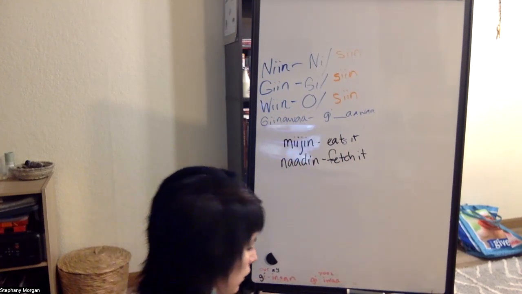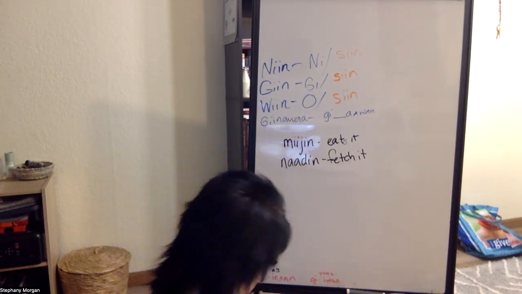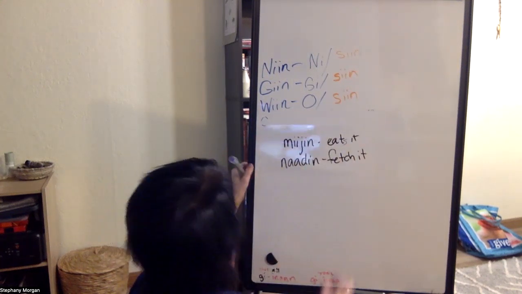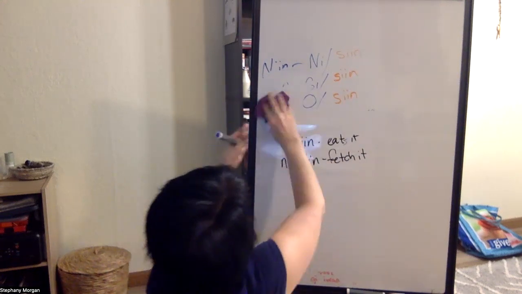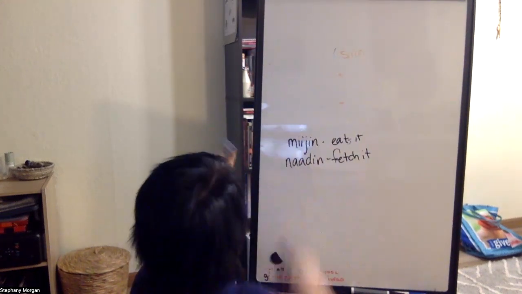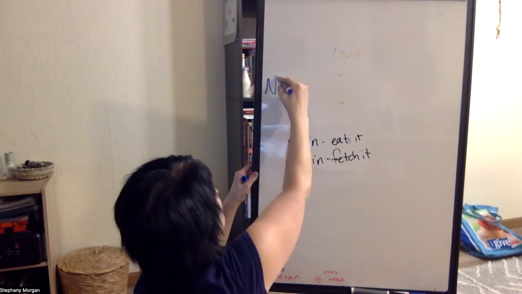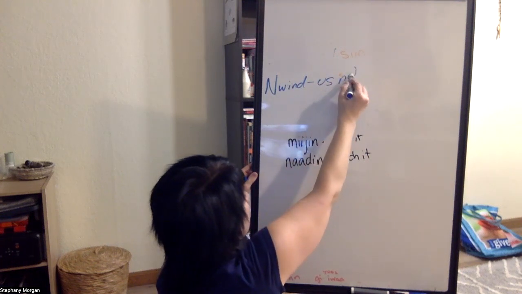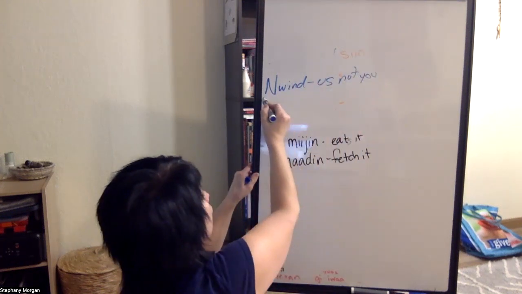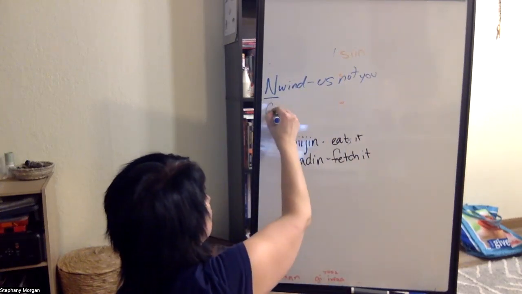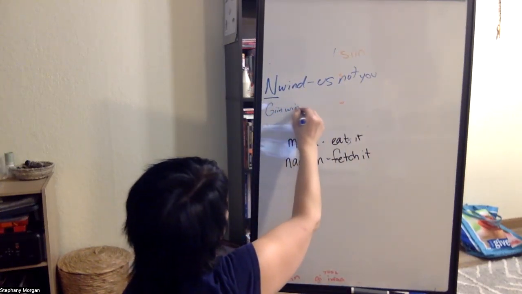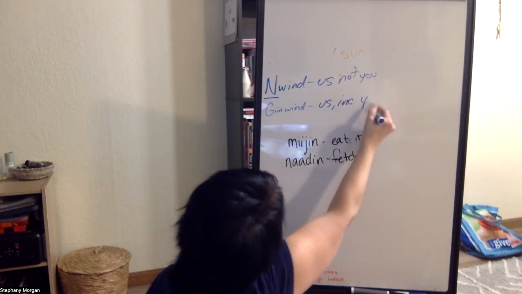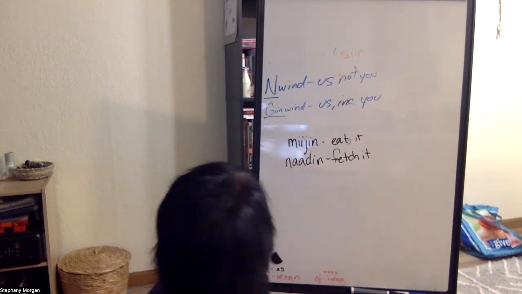So now if we're going to add our persons onto the end, let's talk about Ninawind. Ninawind, that's us, not you, because you is nowhere to be found. Ginawind is us, including you, because you is right there in Gin.